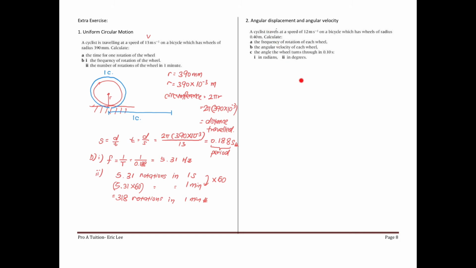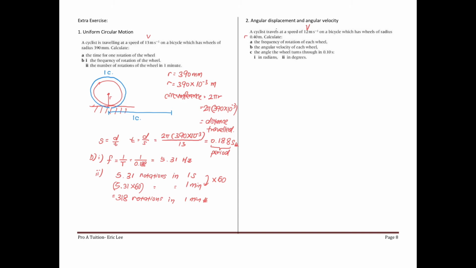So again, we are given V, we are given R. Part A: the frequency of rotation of each wheel. In order to find the frequency, we can use the same concept as in question 1, where first I count the circumference, and this time I'm going to write it down straight away.